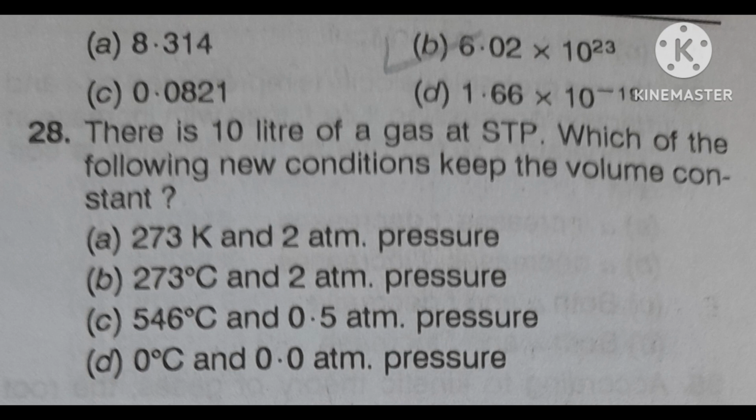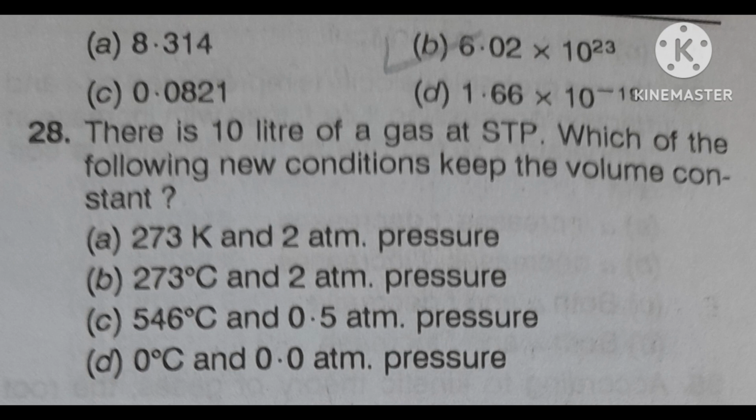One more question. I will finish it only today. Then the questions based on the ideal gas will be finished. Now question number 28. There is 10 liter of a gas at STP. Which of the following new conditions keep the volume constant?